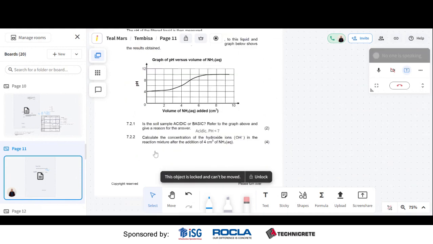Then, calculate the concentration of the hydroxide ions in the mixture after the addition of 4 centimeters cubed of ammonia. Now, the important thing to note here is they want us to calculate the concentration of the hydroxide ions. According to the formula in your formula sheet, the pH is related to the concentration of hydronium.